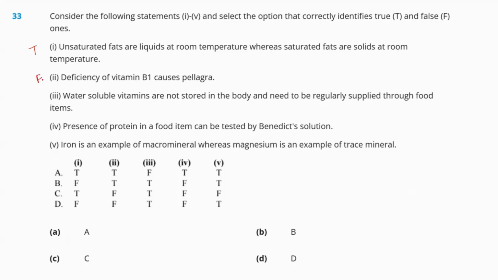This is false. Water soluble vitamins are not stored in the body and need to be regularly supplied through the food items. True. And presence of protein in food items can be tested by Benedict solution. False. Iron is an example of macro mineral, whereas magnesium is an example of trace mineral. So this is vice versa, and option would be C.